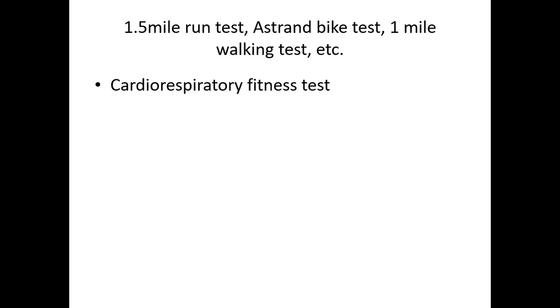This is why Dr. Kwon introduced the 1.5 mile run test or the 1 mile walking test. And another one, do you remember the Astrand bike test? Using a bike, you can predict your VO2 max too. So these are field tests to measure your VO2 max value. Does it make sense, class? First, you need to measure or calculate your VO2 max value using a field test.